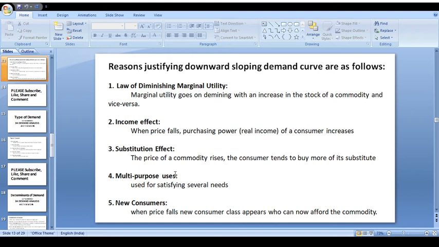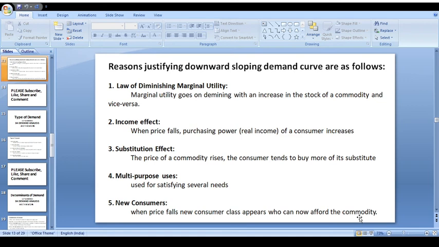Thus, the total demand for the commodity increases with a fall in prices.